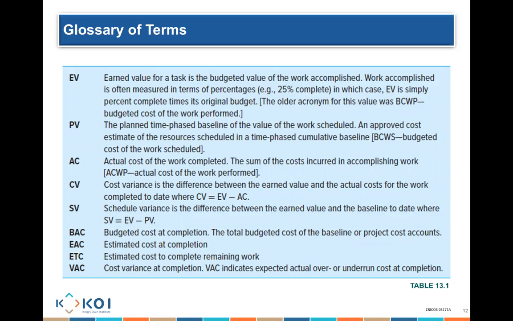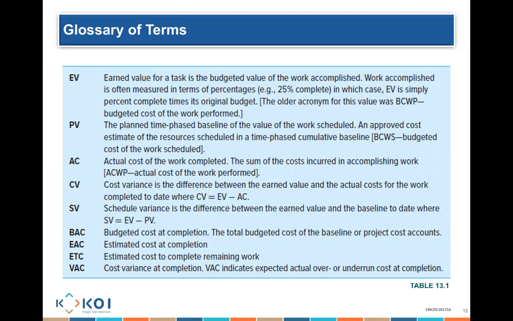I also compare my earned value to my actual cost. And when I compare the earned value to cost, I am not comparing the schedule here. I am comparing my budget. Am I under or over budget? Again, if I basically earned $250 worth of work, but for this $250, I paid $400.